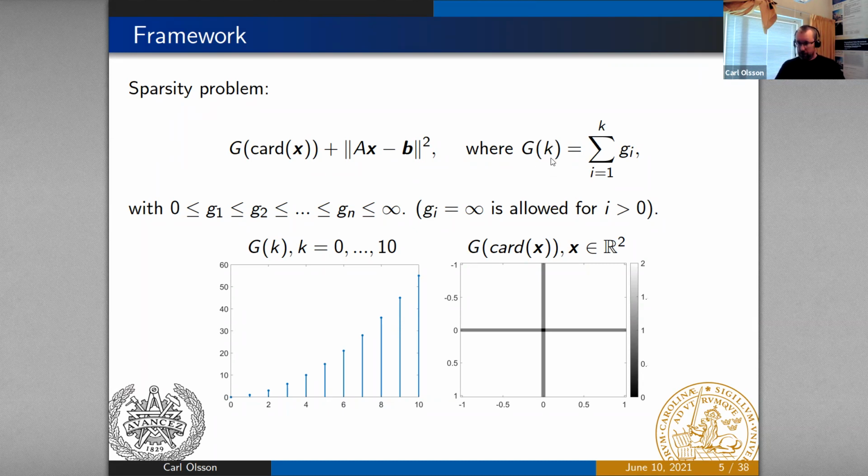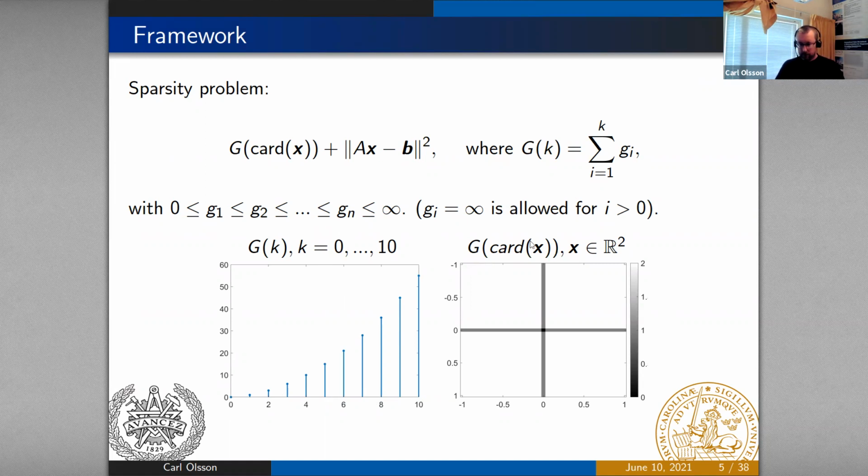So this G function here is nice in some sense. So it's a sum of positive increasing distances. So if you plot this as a one-dimensional function, you get this nice convex shape of the G function.